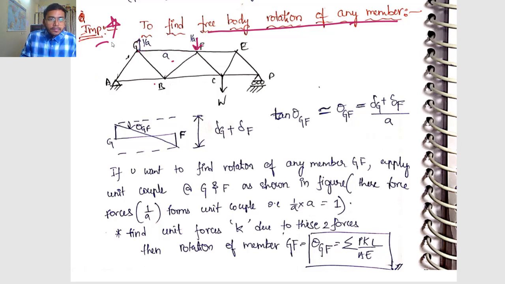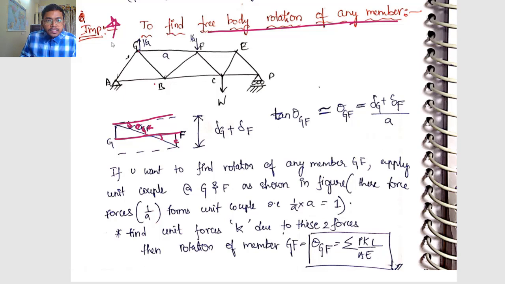Basically, rotation of the member means, for example, if I have a member GF like this, it is perfectly straight first of all. Now the member has been rotated by some angle theta. Whatever the angle theta GF, it will be the same. This was your initial position, and now it got tilted. Here also it will make the angle theta GF.